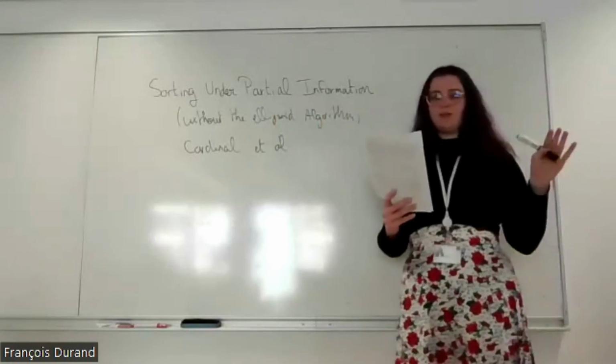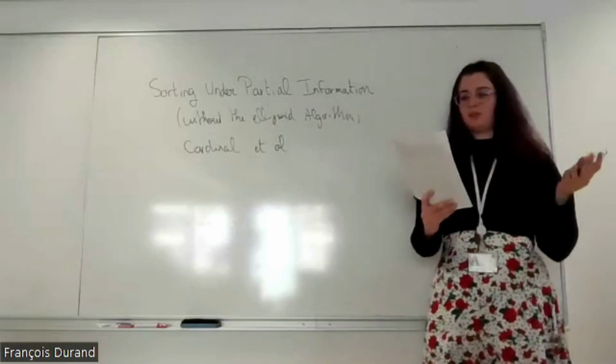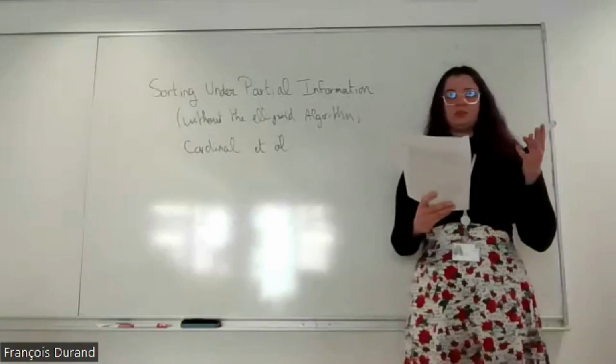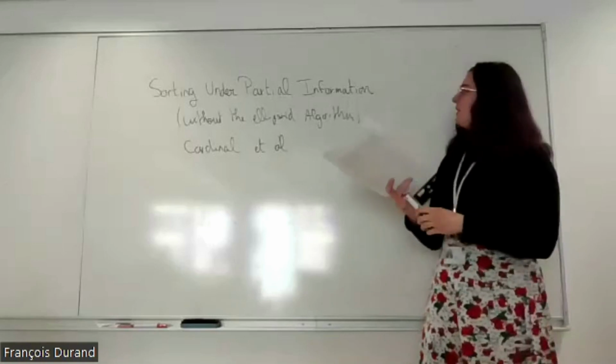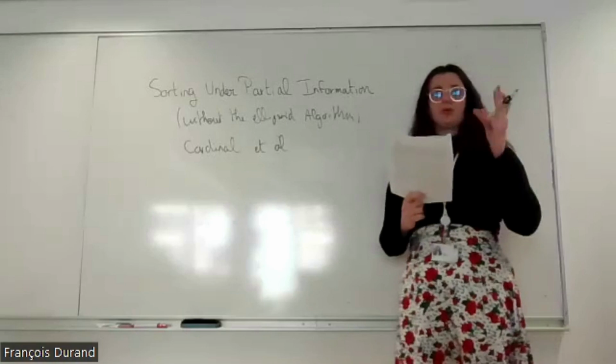Anyway, first we need to define what sorting under partial information is. Sorting is just sorting things, which everyone knows. Sorting under partial information is when you consider that at the beginning you have more information: you already have a partially ordered set.